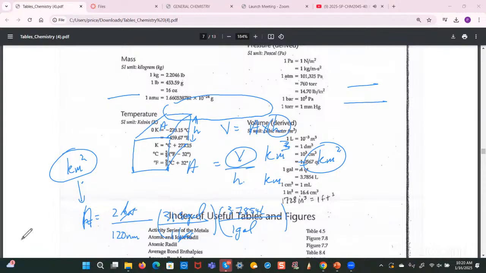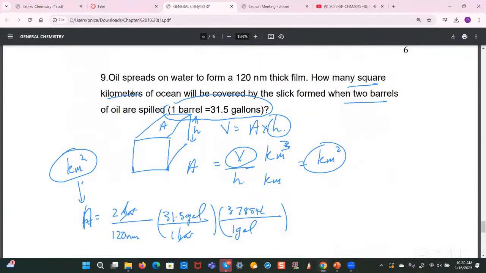And then we can go from liters to centimeters cubed. And that would be 1,000 centimeters cubed divided by 1 liter.